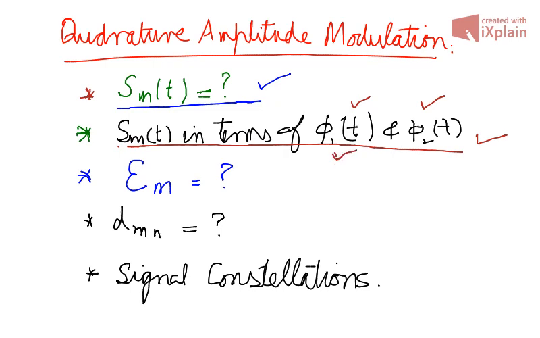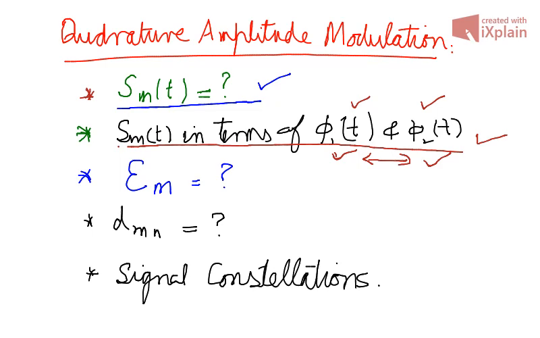So if you find the expression for phi1 of t, you should be able to prove that its energy is unity, 1. Similarly, if you see the expression of phi2 of t, you should be able to prove that its energy is unity. And the orthogonality property of these two should be verified, as we did in earlier lectures, so I will not verify this orthogonality again; you can browse the previous videos and see how we verified it.